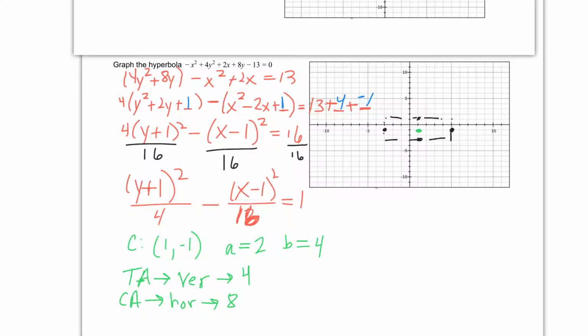And then our asymptotes go on those diagonals. So from the center through the corners is our asymptotes. And since this one is opening up and down, we can draw in our hyperbola, one going up and one going down. If you have questions, let me know.